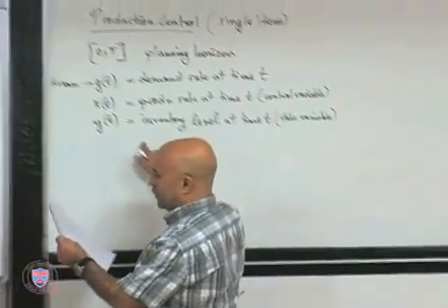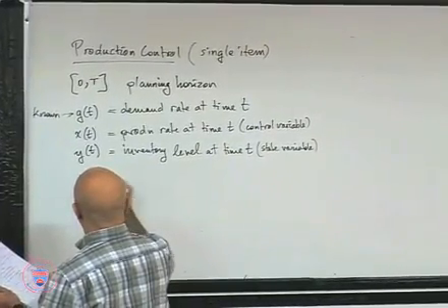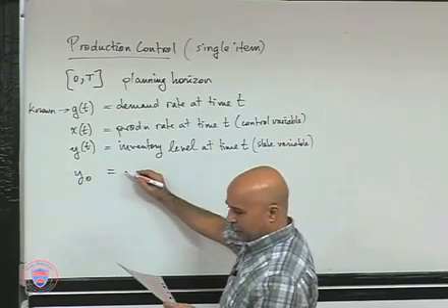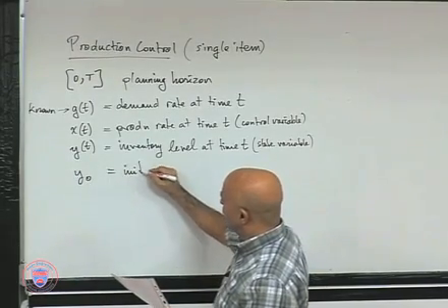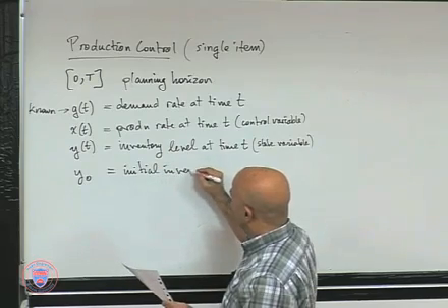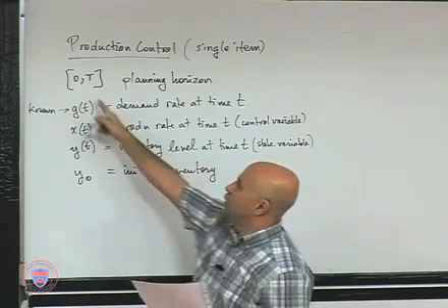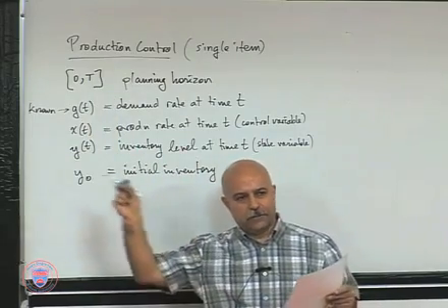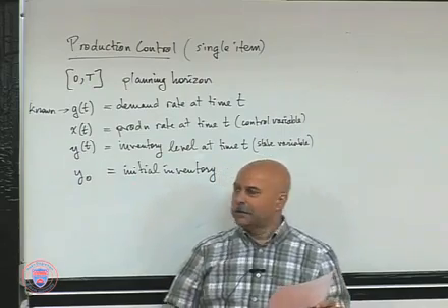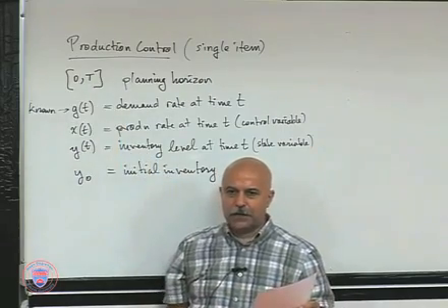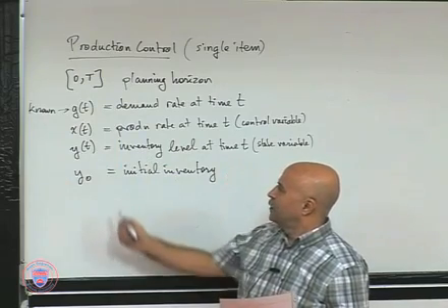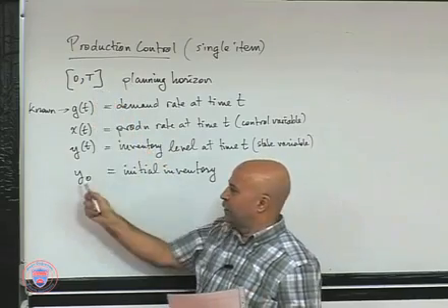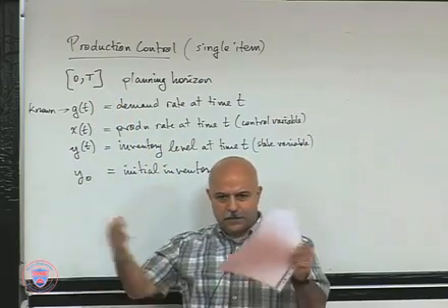All right, y of t. I'm going to assume the initial inventory is given. This is the initial inventory. If you're doing this planning from 0 to T, then from T to, say, 2T, etc., each time zeroing the clock at the beginning of the period, whatever is left over at the end of this planning horizon will become the initial inventory for the next planning horizon.